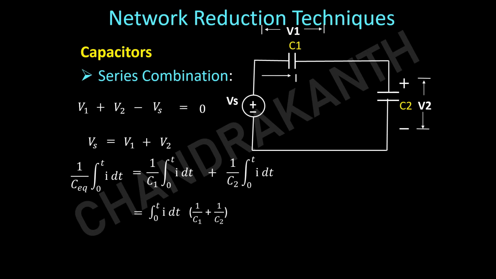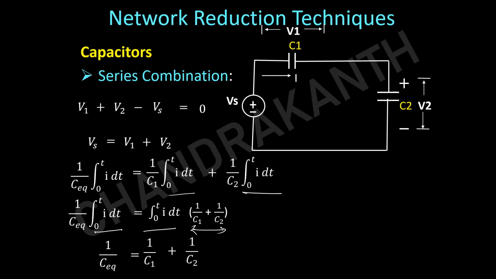Now let us simplify. Take this factor common. Then you will have 1 by C1 plus 1 by C2, and that is equivalent to this term. And these two terms get cancelled. So finally you will have 1 by C equivalent equal to 1 by C1 plus 1 by C2.